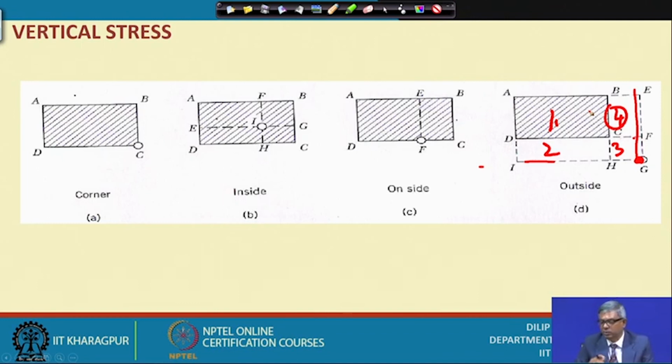Now, if I want to find out pressure at this point, what do I have to do? I will consider that this is a corner of this big rectangle. So, I can apply the corner formula for this big rectangle, but this portion is not loaded. So, what can I do? I can imagine that this portion is negatively loaded.